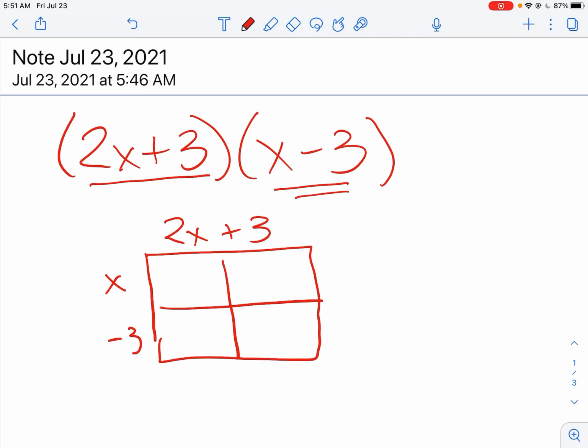And what you do is you take the 2x and you multiply it by the x, and you get 2x squared. Then you take the 3 and you multiply it by the x and get 3x. You take the 2x and multiply it by -3 and get -6x. And last but not least, you take the 3 times the -3 and get -9.